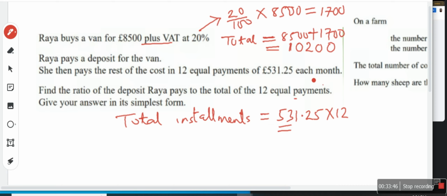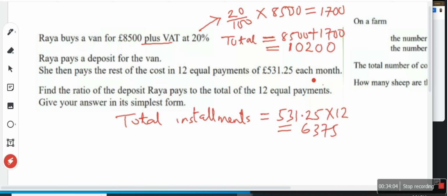Quickly, so that we can conclude. 531.25 times 12, what do you have? 6,375. Okay, 6,375.